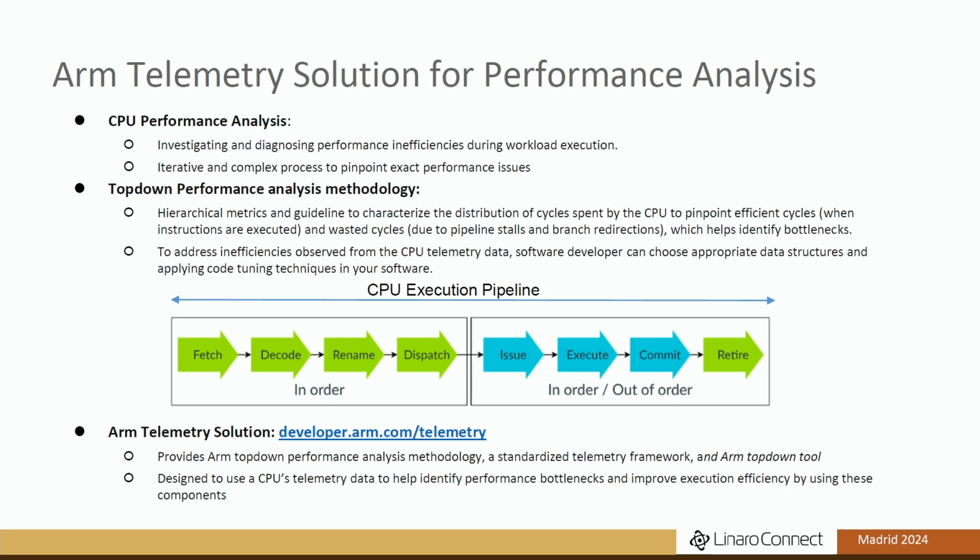So if we look at the landscape of performance analysis, it's basically a very complex and tedious process to go about diagnosing performance of your applications. And it's normally a very iterative and complex process because you are working through a very complex stack starting from your top-level application all the way down to how the application is actually performing on the underlying platform.